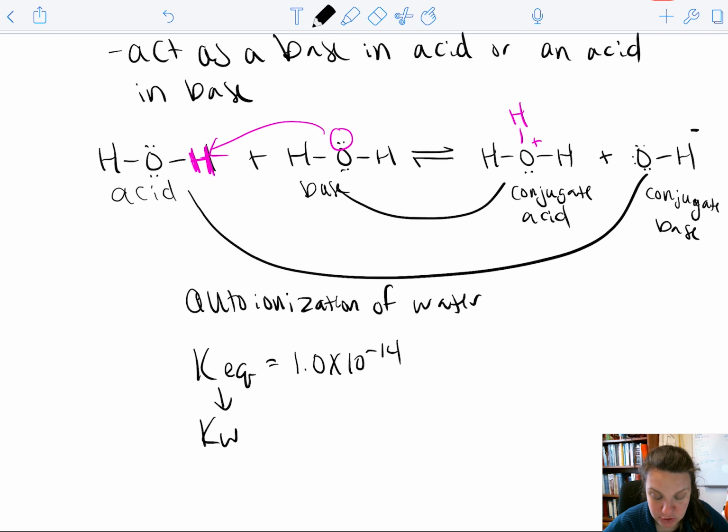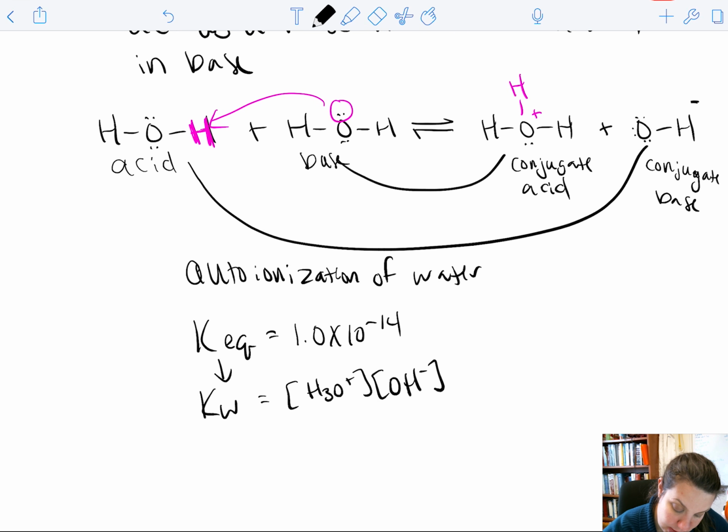So the Keq for water is Kw, and that is equal to our hydronium concentration times our hydroxide concentration. The left side is nothing but water; our reactants are water, so they are not included. So our Kw is 1.0 times 10 to the negative 14.